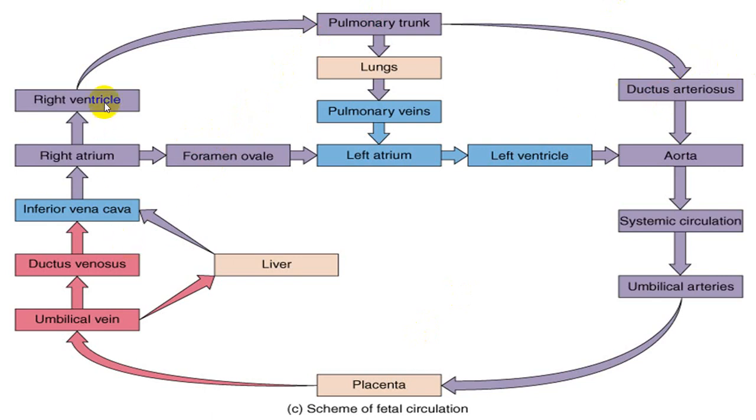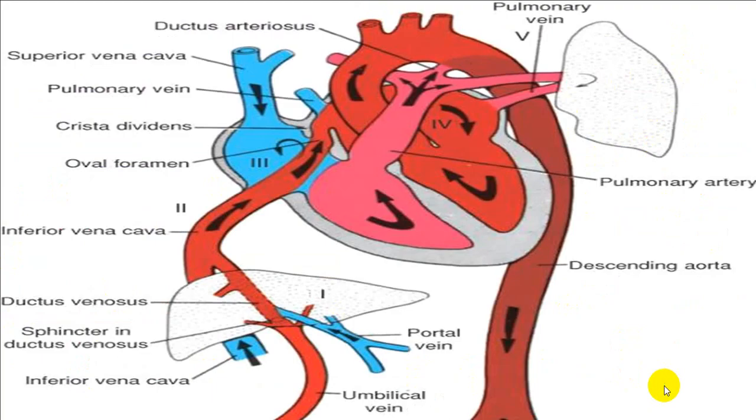Now blood flow from the right ventricle will go into the lung directly, via the pulmonary trunk, pulmonary vein, it will come to LA, LV. This will close, this will close. You will have oxygenated blood coming from the pulmonary veins into LA, and then oxygenated blood will be flowing here, and this will be deoxygenated blood. So that will be the change after birth.